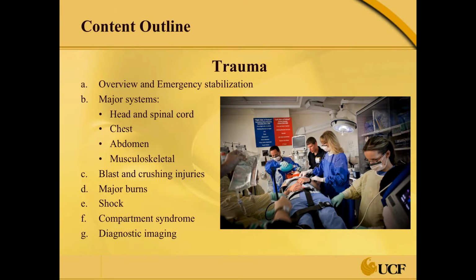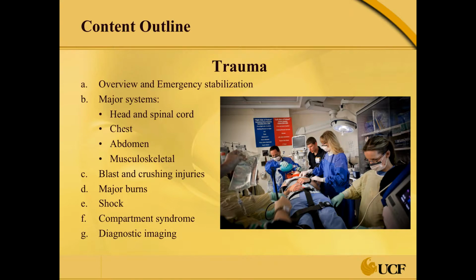In this very large unit, we're going to discuss overview and emergency stabilization. We're going to talk about major systems. We're going to talk in detail about traumas related to the head and the spinal cord, the chest, the abdomen, and some musculoskeletal injuries as well. That usually will cover things like compartment syndrome, fractures, blast and crush injuries, and crush syndrome.